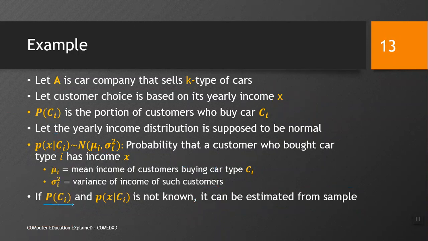We do not know the prior probability in the population, we do not know the likelihood in the population. However, we are given some sample, so we can estimate these two things using the sample mean and the sample standard deviation. We have seen in the previous lecture that we can use these two parameters to estimate these two parameters.